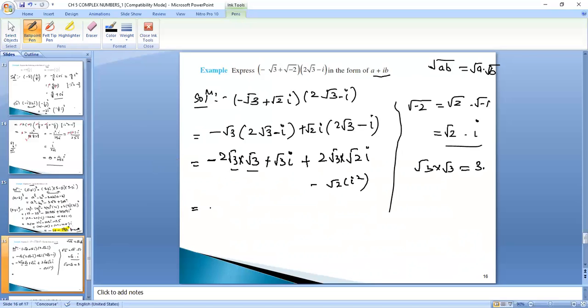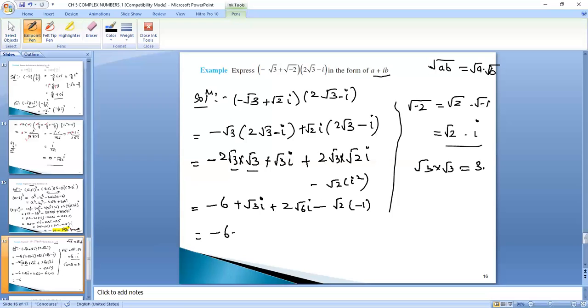So it will be −2 into 3, −6, plus √3 i, plus 2√3 into √2, 2√6 i, minus √2 i², and the value of i² is −1.